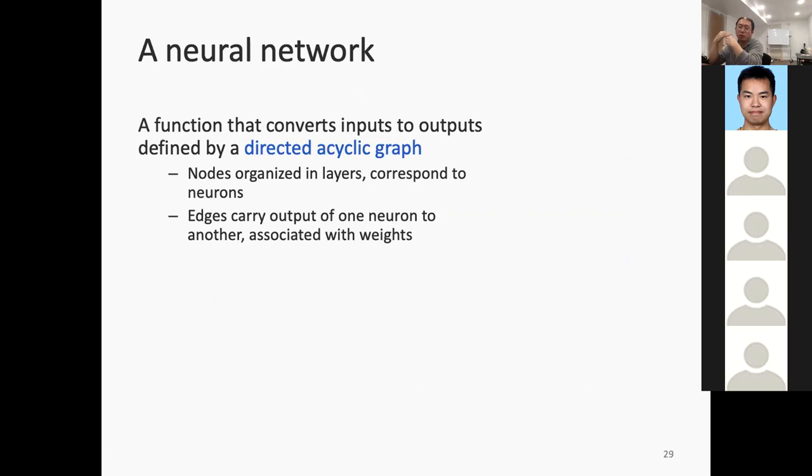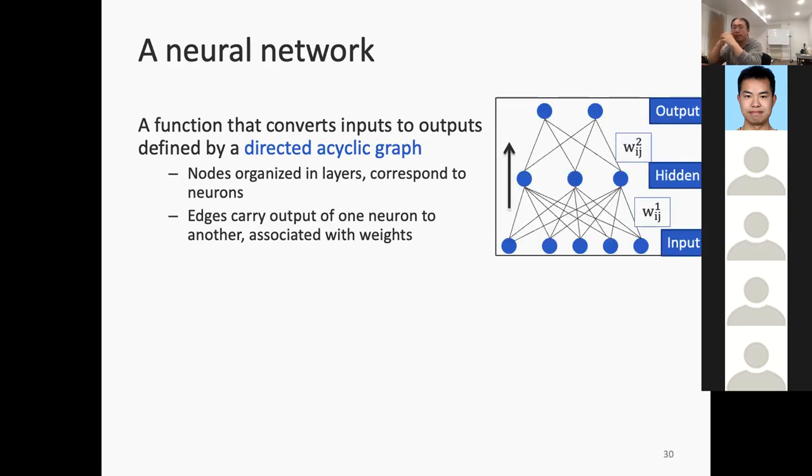That means if you want to compute the output of a node, namely a neuron, you have to follow 2 steps, as we just mentioned. And the edges on this neural network carry the output of one neuron to another neuron. That means they connect neurons, and the edges are associated with weights.